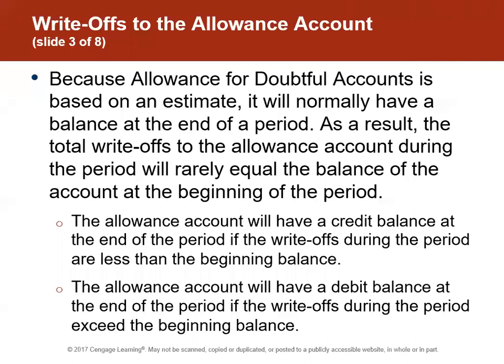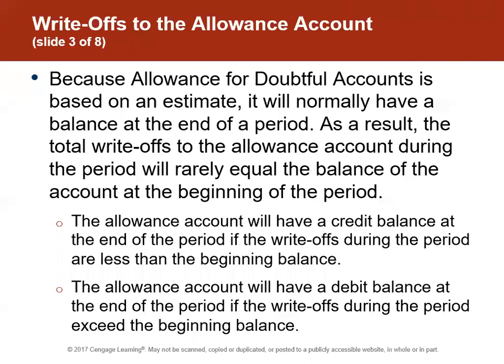Throughout the next year, as we determine accounts specifically to write off, it could end up being a credit or a debit. Okay. So allowance for doubtful accounts will have an ending debit balance if we've written off more than the estimate. It will have a credit balance if we've written off less than the estimate.